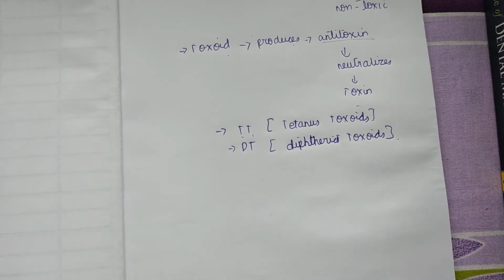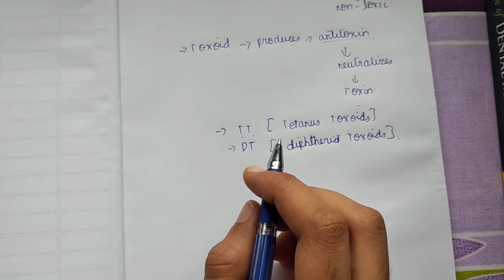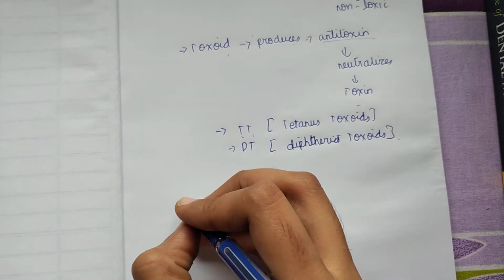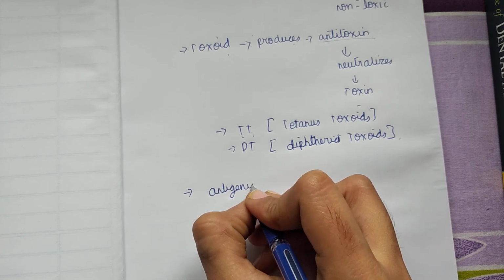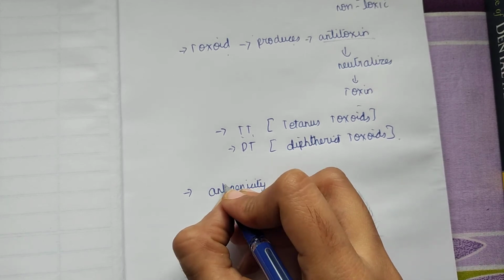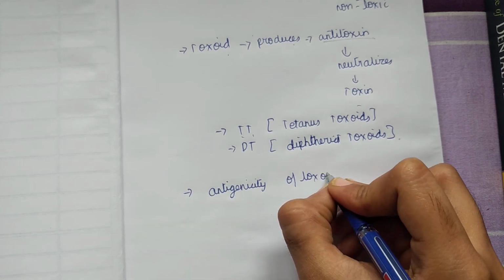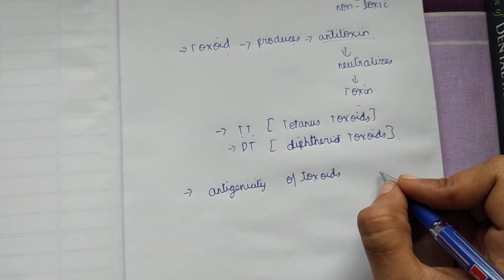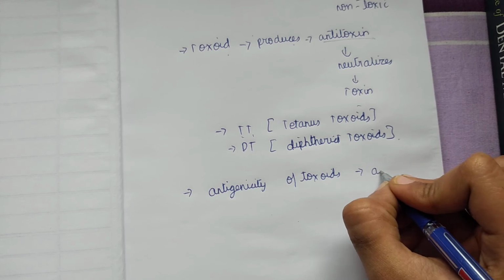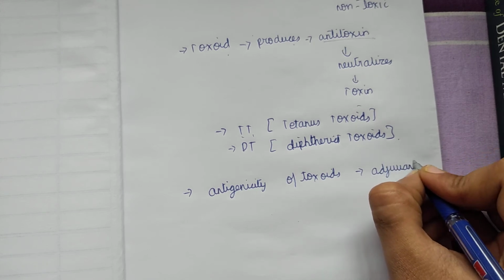We don't give this vaccine directly. We can, but in order to improve its activity, to increase the antigenicity or immunogenicity of the toxoids, the toxoids can be potentiated by an adjuvant, which will increase their activity.